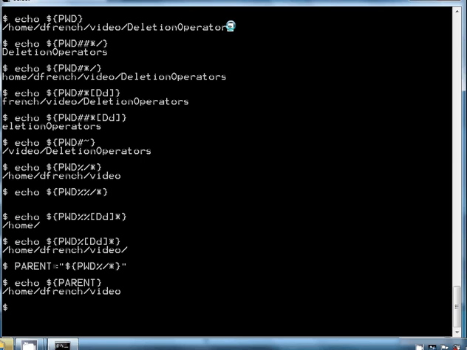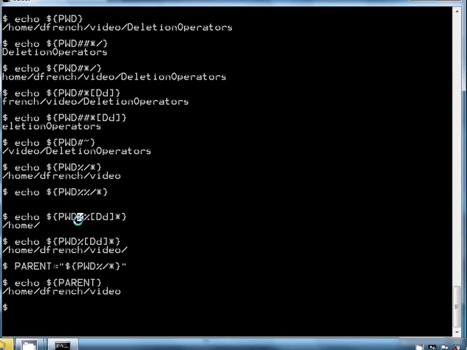That is the portion that would be deleted from the value, and in that case, what we get back is this portion of PWD. We can do the same thing with the largest matching pattern from the end of the value, but in this case, slash star will match everything up to the beginning slash.